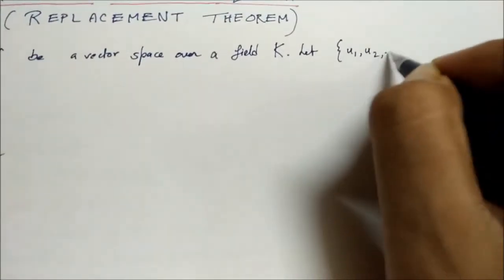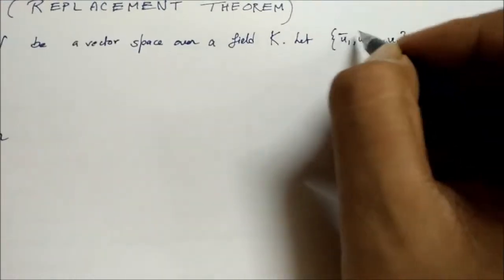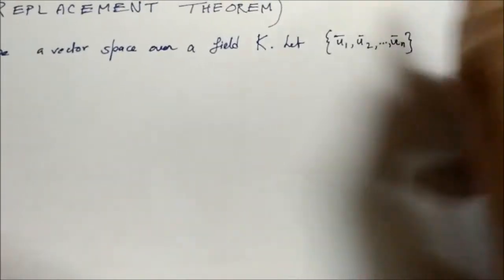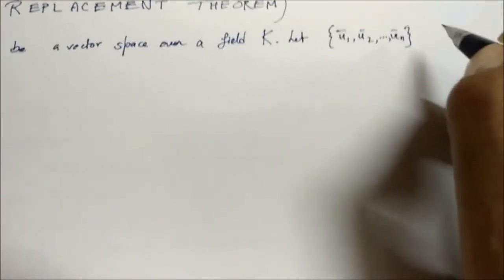U1, U2 up to Un, these n vectors, let me denote it by giving a bar on them just to distinguish from the scalars. You don't need to do that.